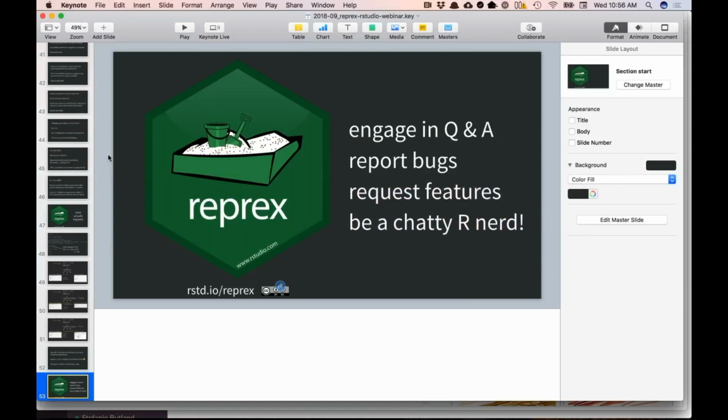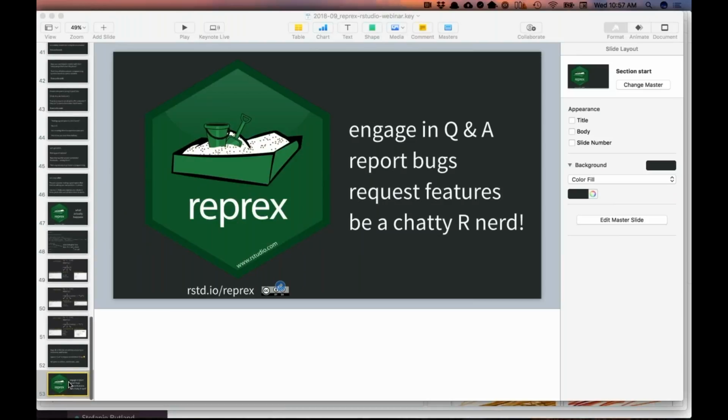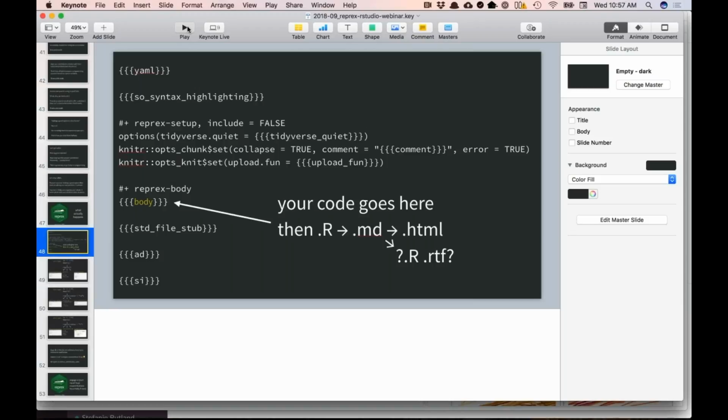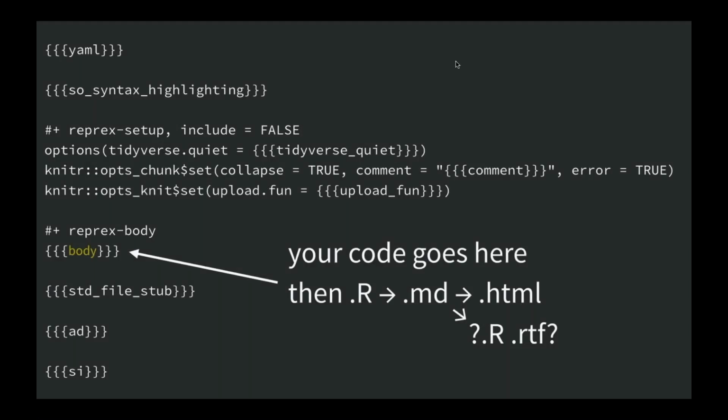I'll end on this question. I don't know, it would have to be tried, but what I will say, from the slide that I skipped over, is what actually happens. Currently reprex works by dumping your R code into a templated R script.